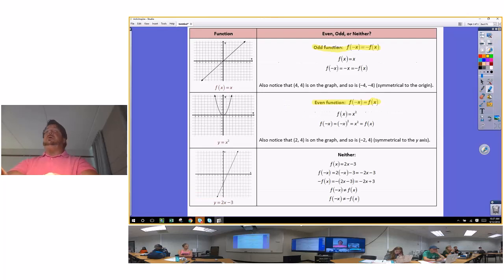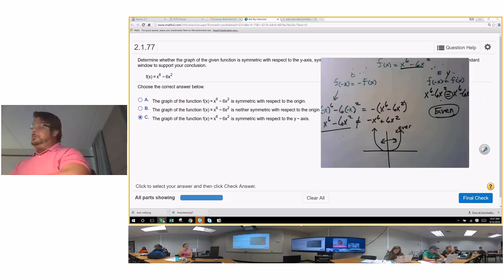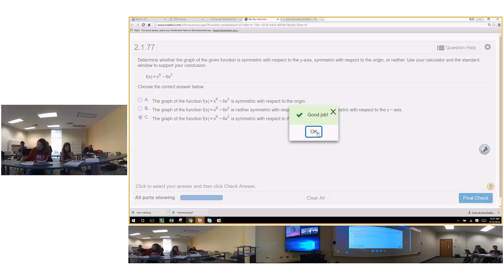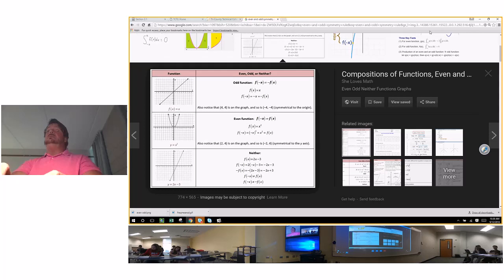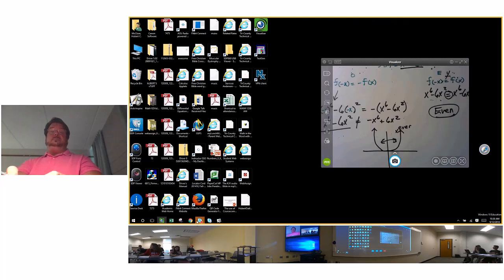So it is symmetric around the y-axis because we said that these two are equal. So that means it's symmetric around the y-axis. How do you feel about that? Does that make you feel a little bit better about yourselves? Mr. Bays, does that help out a little bit? Yes.